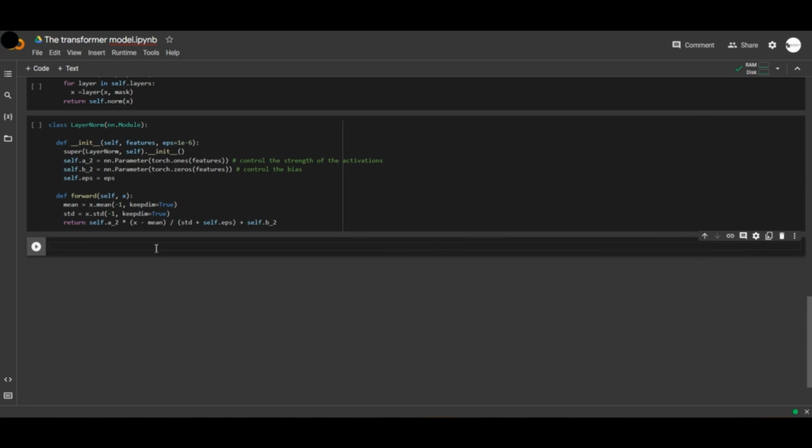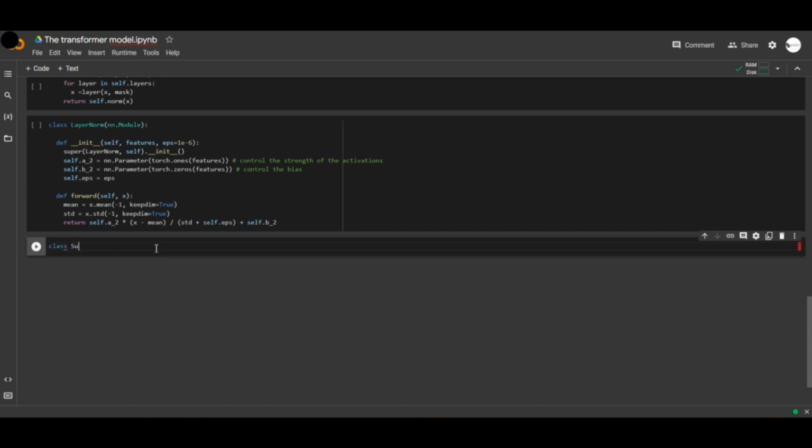So we mentioned that a layer has sublayers, the multi-head attention and the feed-forward network. These two sublayers have a residual connection, so we need to code that up.